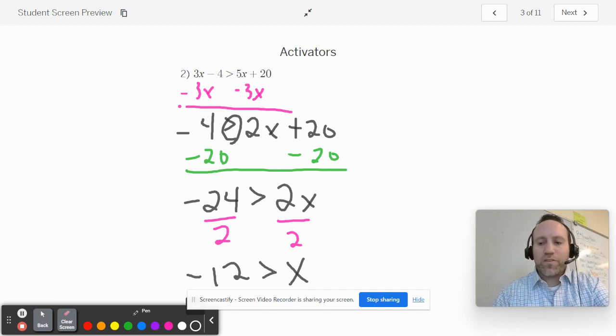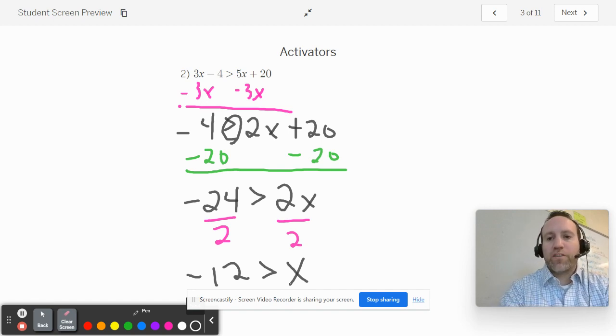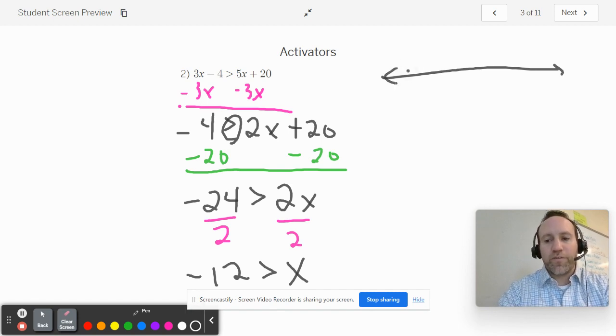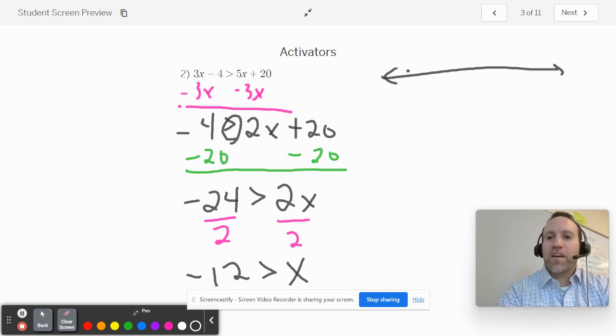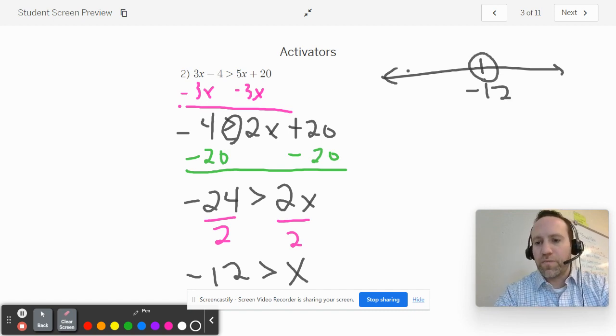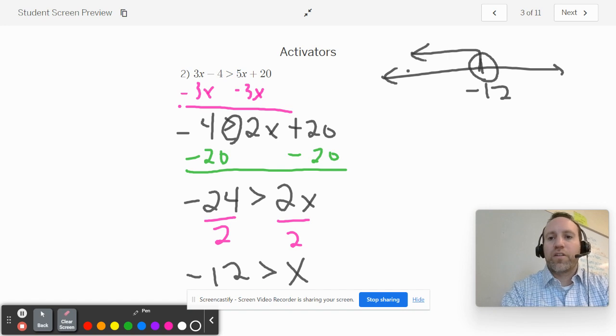Okay, so now what do I do with this information? Well, first off, we can graph it on a number line. You always say this with the variable first. So it's not -12 is greater than x. You say x first. It's x is less than -12. That's how you say it. So if I do that up here, x is less than -12. It's not equal to, so it's an open circle, and it's going to go to the left.